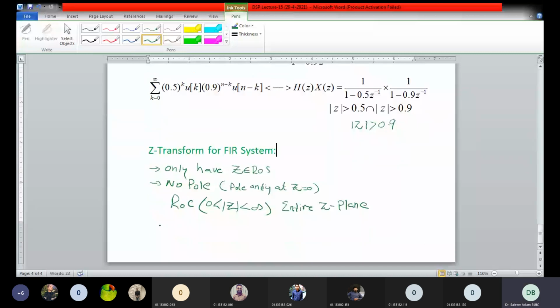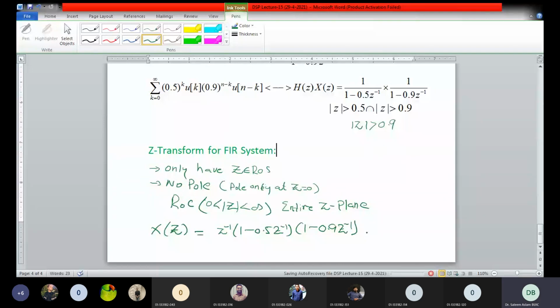So what would be the expression? Let's consider we have x of z equal to z inverse, 1 minus 0.5 z inverse, into 1 minus 0.9 z inverse. Right?